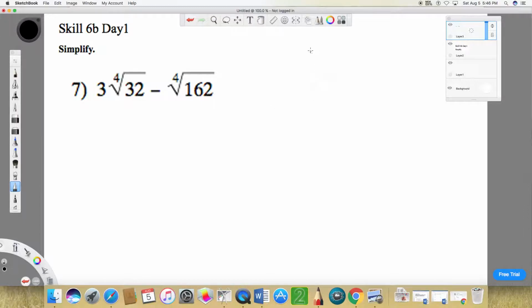So we need to break down 32, and 32 we saw in a previous problem that we had 4 times 8, and that this was 2 times 2 and 2 times 4 and 2 times 2. So we've seen that 32 is 2 to the 5th power.